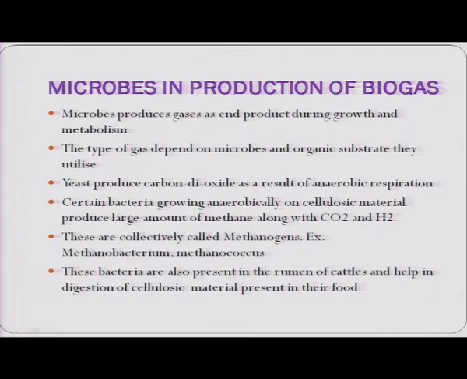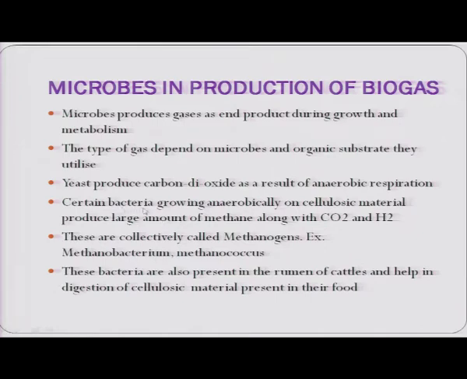Then there are certain bacteria, as we have seen in the secondary sewage treatment, that apart from the aerobic bacteria, there are some anaerobic bacteria as well, which are used in anaerobic digestion of the activated sludge.